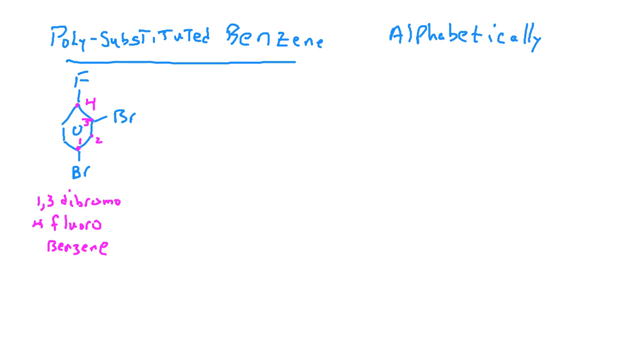Let's do another polysubstituted one. I'll put C2H5. I'll put a C5H11, and here I'll put a C6H13.